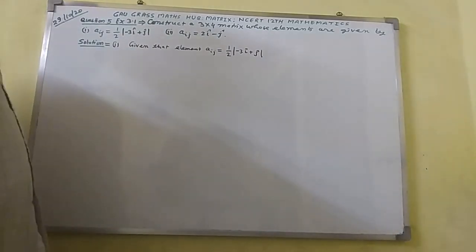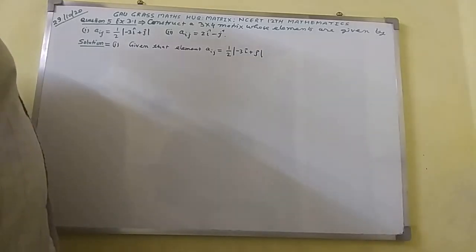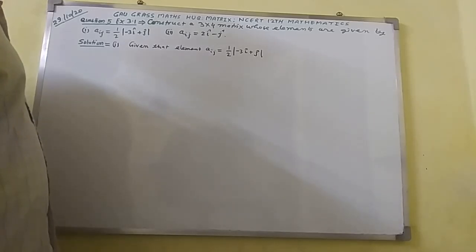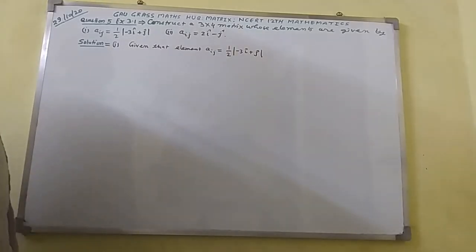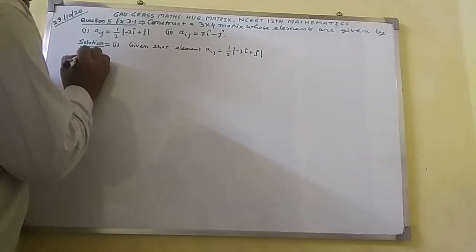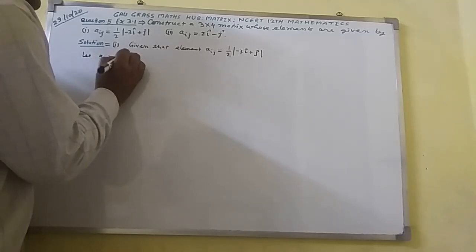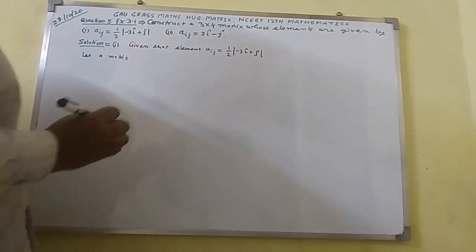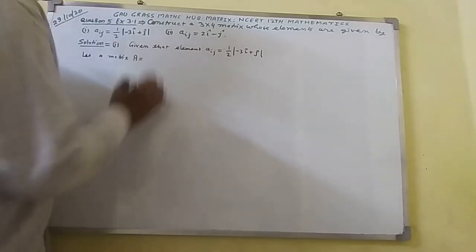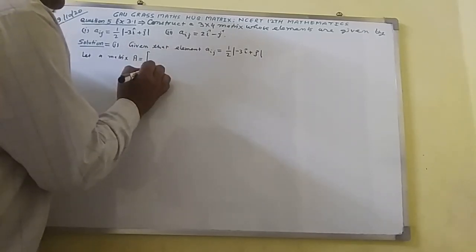Now we have to do the construction of a matrix of order 3 cross 4. So here I shall let the matrix A equal to, opening of square bracket.